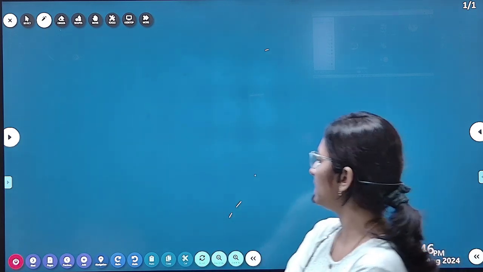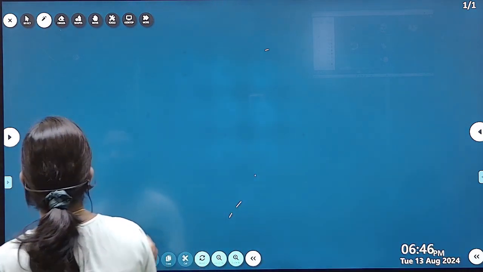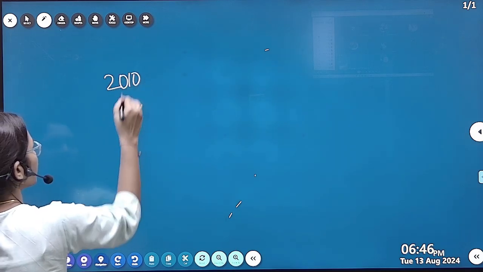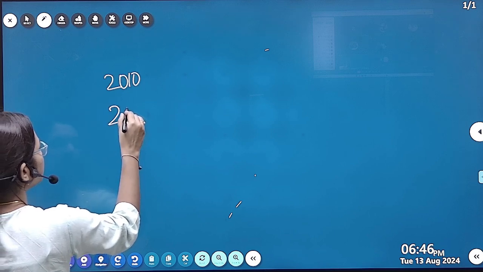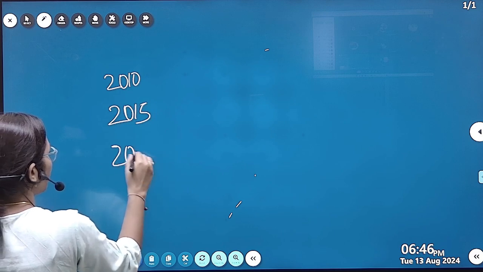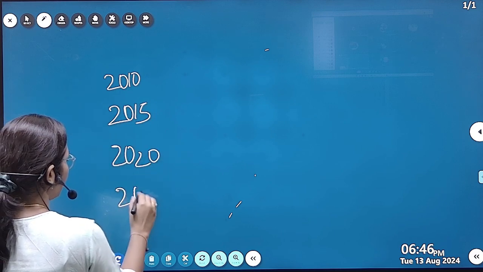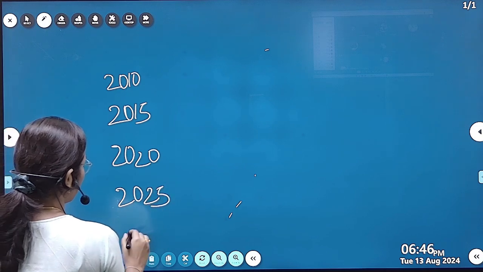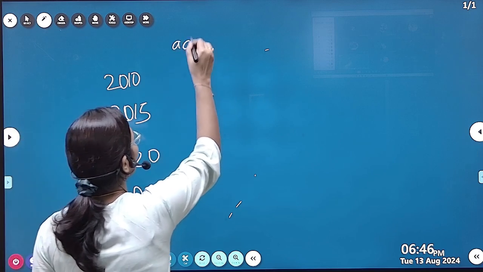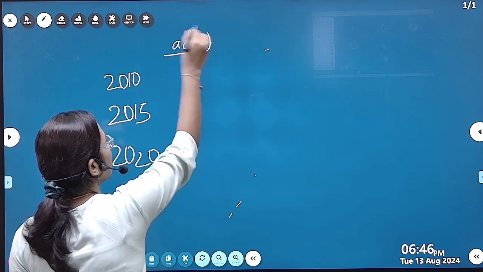So let us take an example. In 2010, 2015, 2020 and 25. Okay, 25, let us take. So I have advertised about my cars.